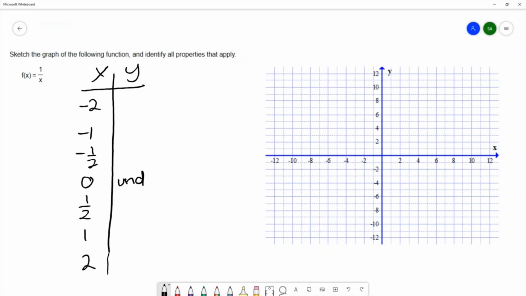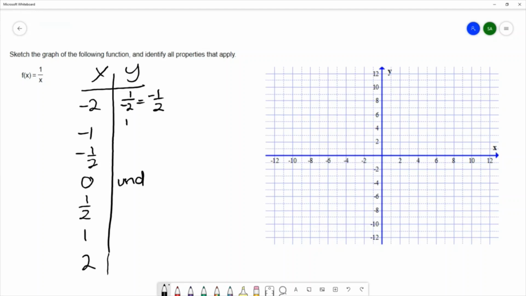Now this function is given a name of reciprocal function because every number that you substitute in, you get out the reciprocal of that value. And you'll see that if I substitute -2 in, 1 over -2, that's -1/2, and -1/2 is the reciprocal of -2.